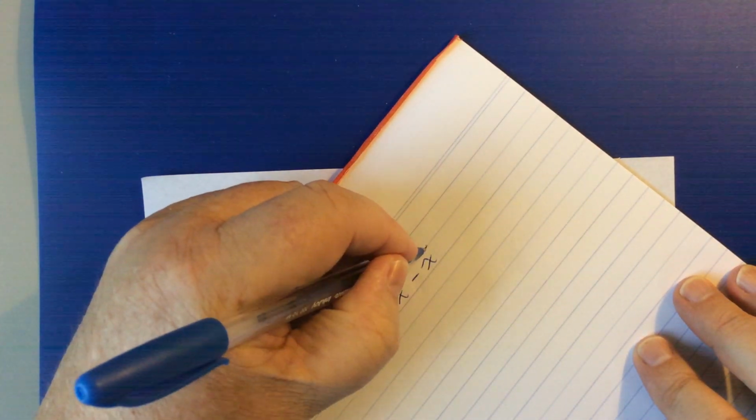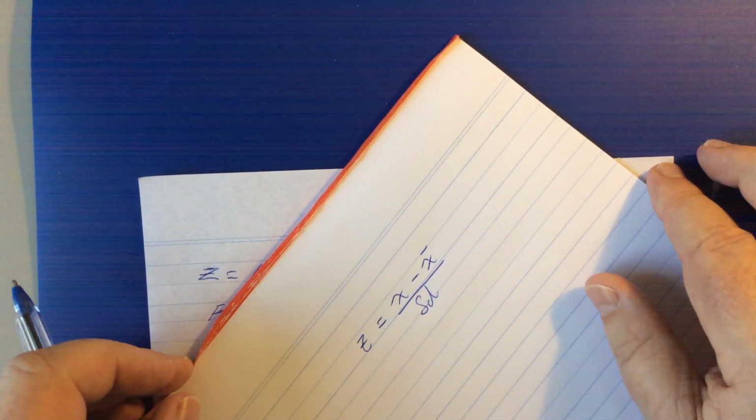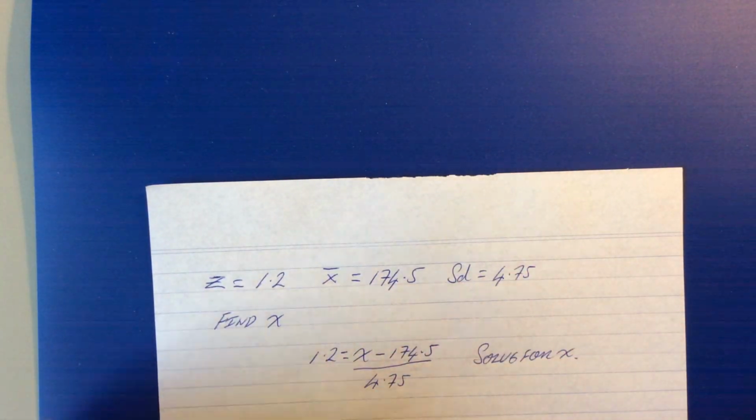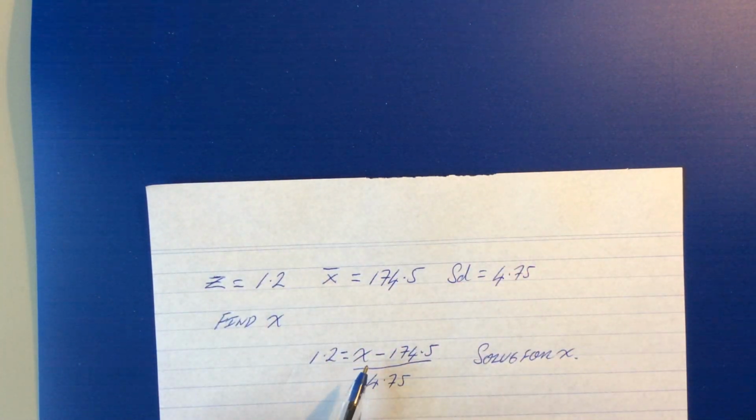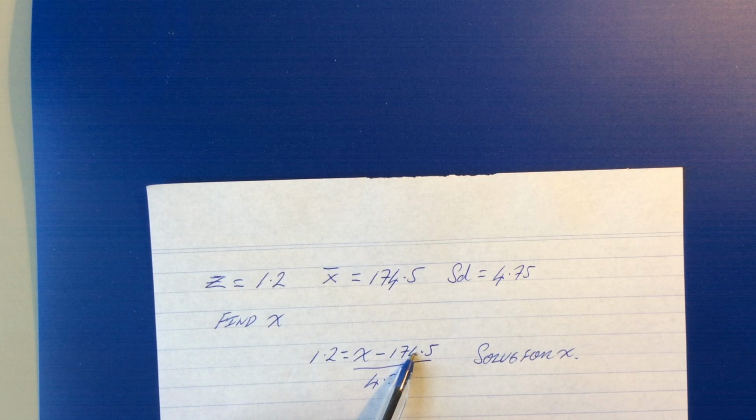So it is equal to X minus the mean over the standard deviation. That's the formula that we're looking at. And what we've done here is we've entered the information that we have. The Z-score was 1.2, the mean was 174.5, and the standard deviation was 4.75.